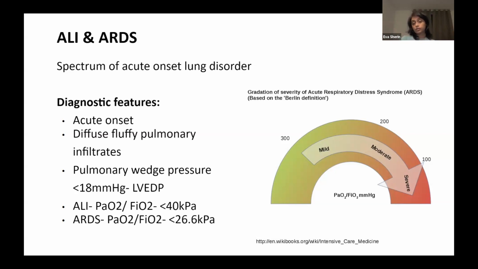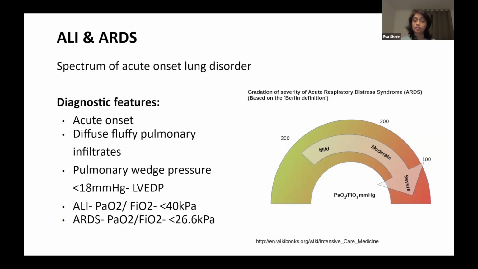And also we've got a classification that was set up in 2011 from Berlin, called Berlin's definition of ARDS. Though Europe follows a different value, they calculate their partial pressure oxygen and FiO2 as 300, 200, and 100.